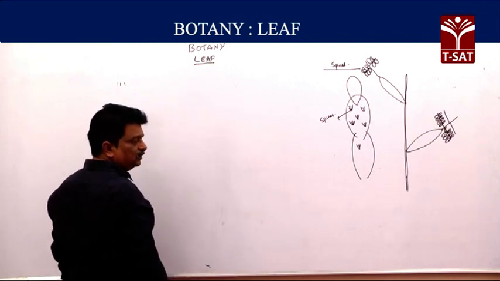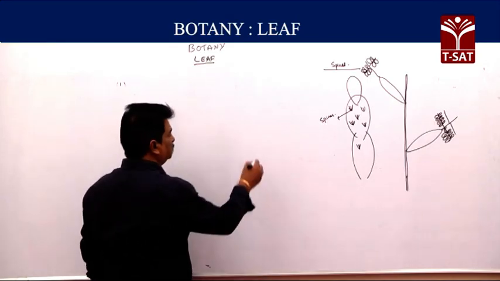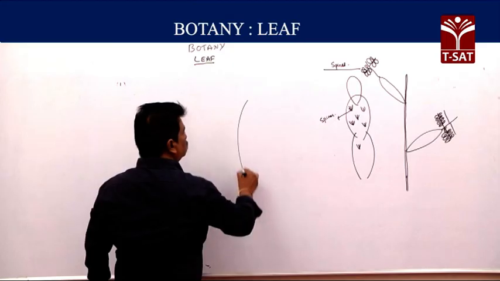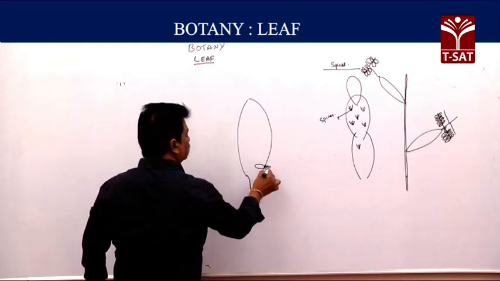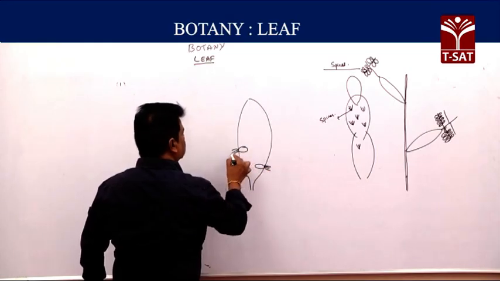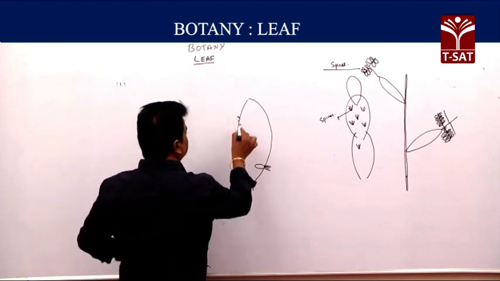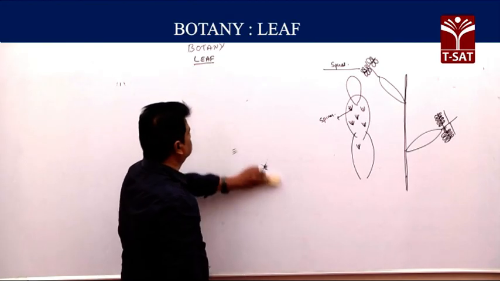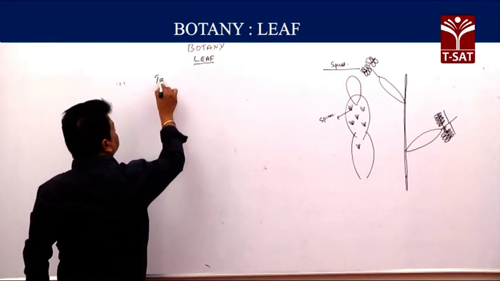When this bud detaches and comes in contact with soil, it gives rise to a new plant. Example for epiphyllous bud, Bryophyllum. Then last one, trap leaves.